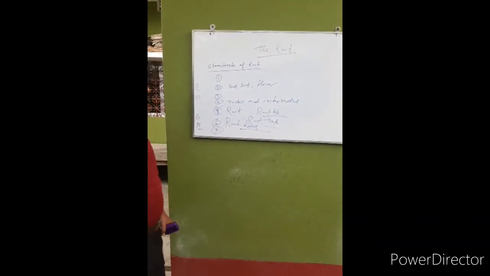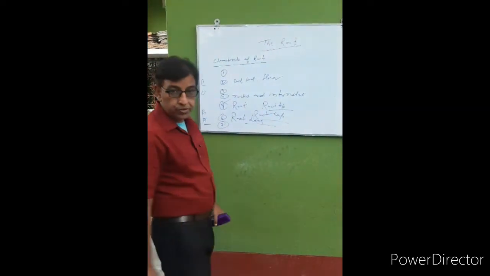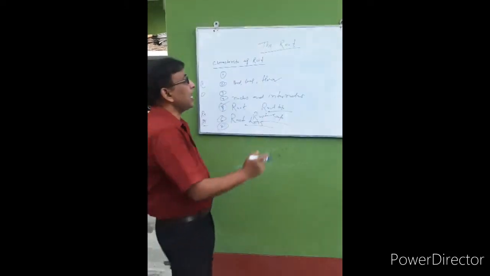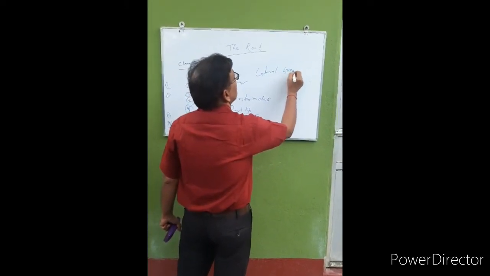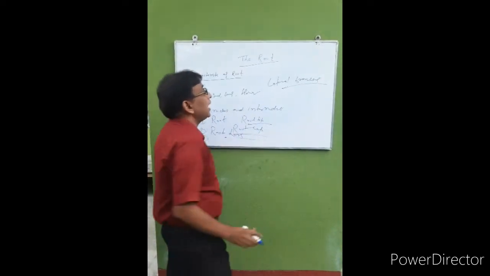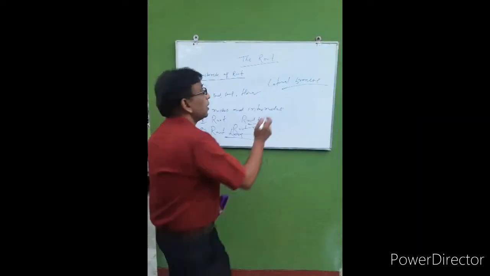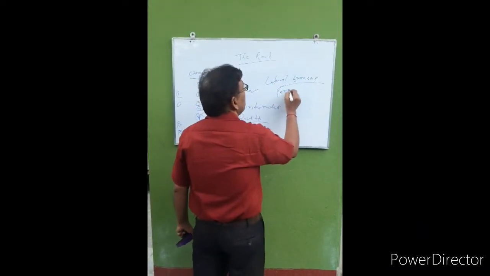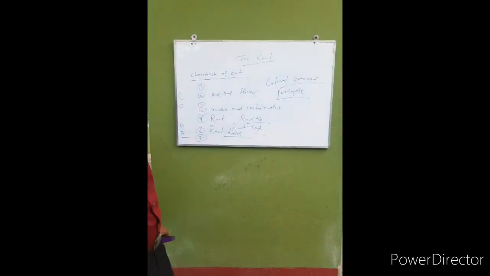Seventh, the root contains lateral branches, and these lateral branches arise from the pericycle, so it is called endogenous in nature.